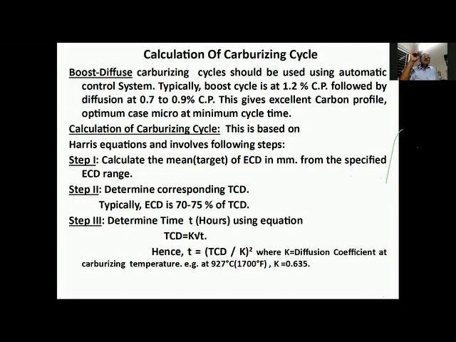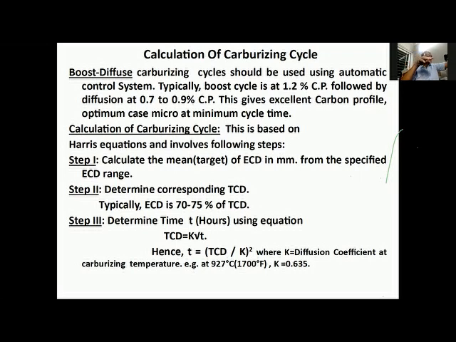But more scientifically, it can be calculated to a greater accuracy, and that can avoid trial and error, and we can have first-time-right type of operations. The boost-diffuse carburizing cycle using the auto control for the carbon potential and temperature both is used.